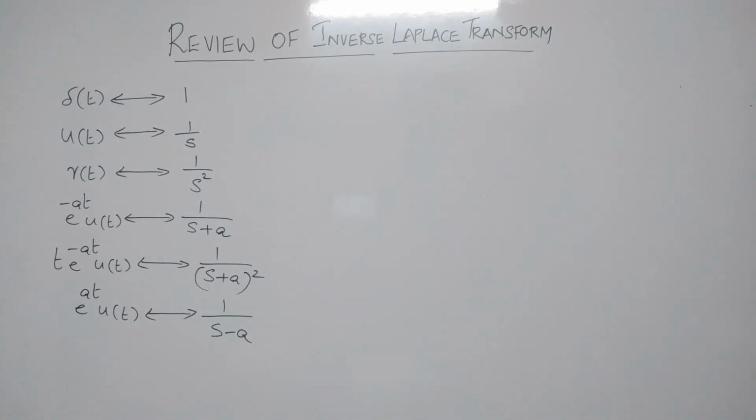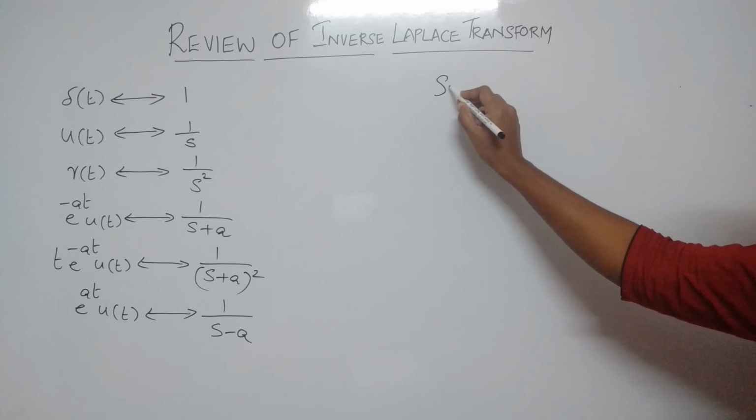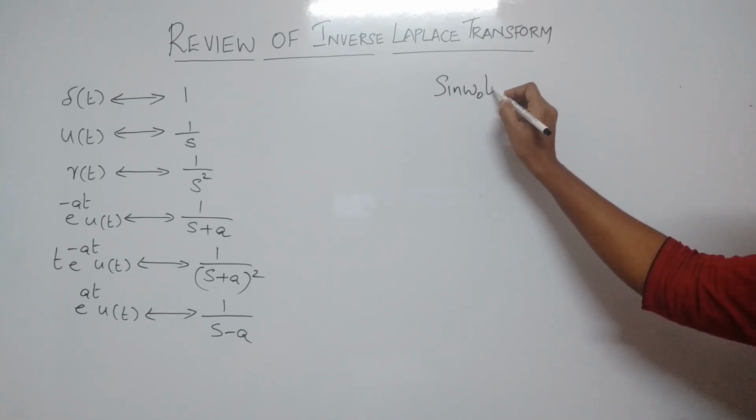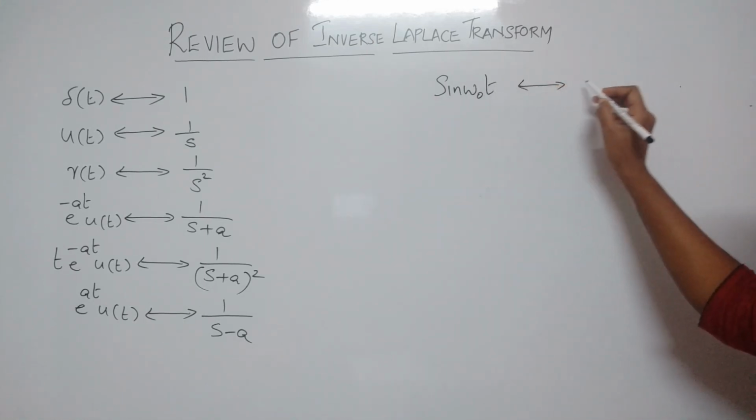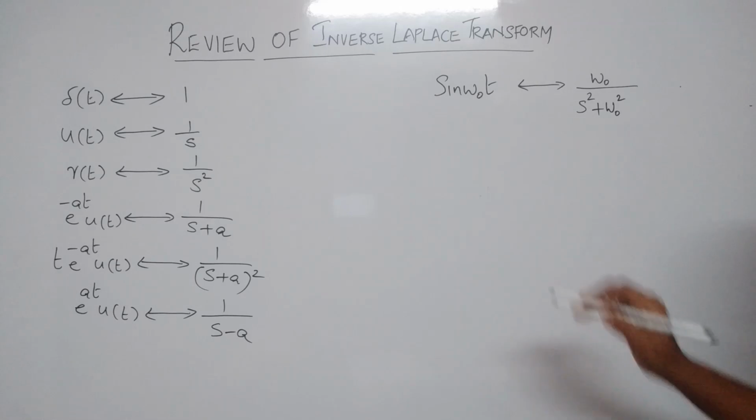Then Laplace transform of sine omega naught t is omega naught by s square plus omega naught square.